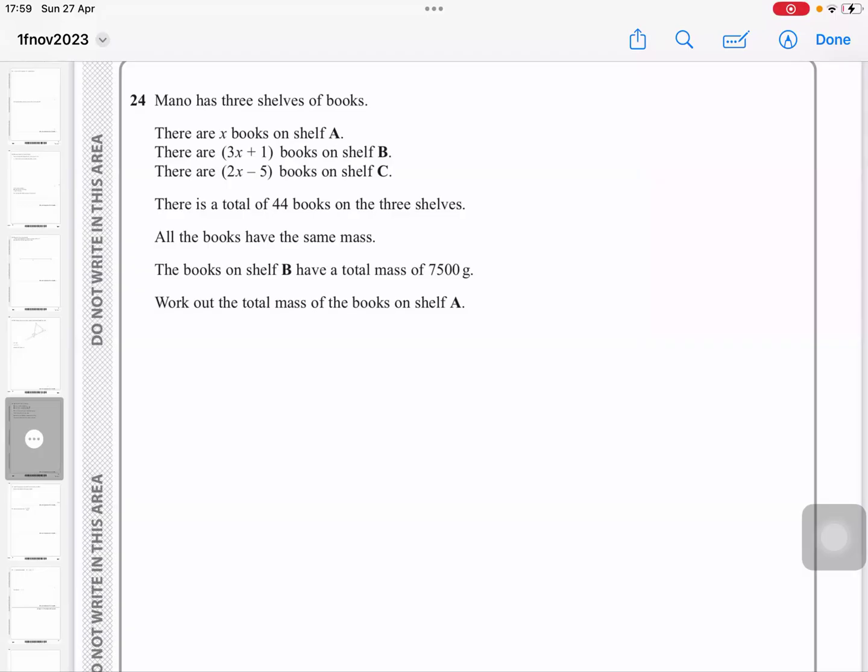So the first thing we're going to do is to establish the mass of one of the books, which we have some information about on shelf B. Now, shelf B has 3x plus 1 books on it. Notice that we found out that x is 8. So 3x plus 1 will give me what? 3 times 8 plus 1, right?